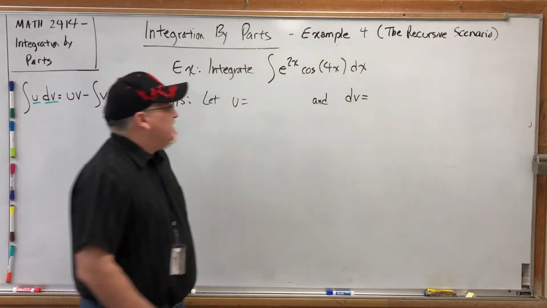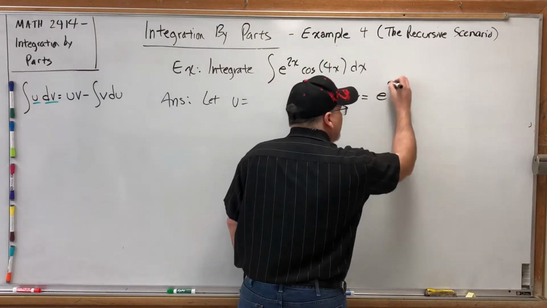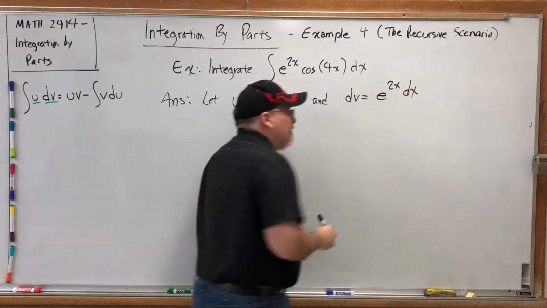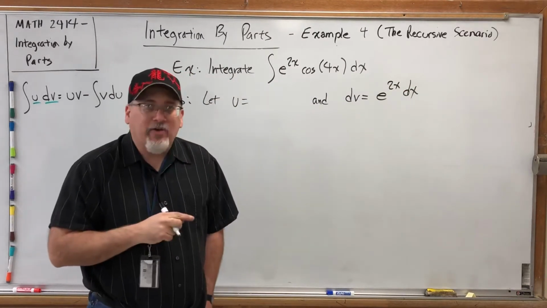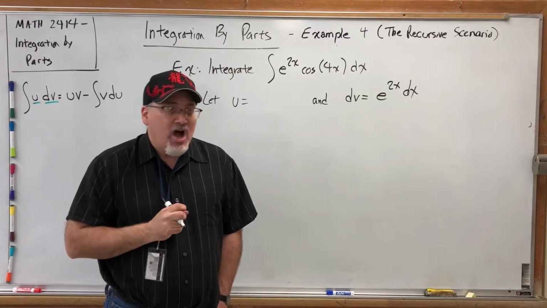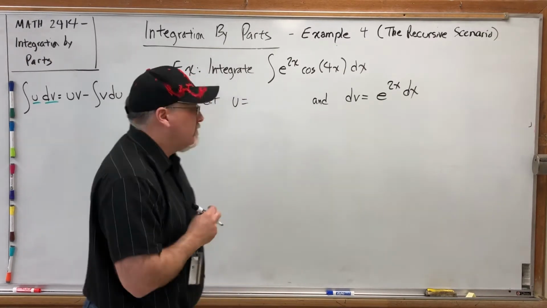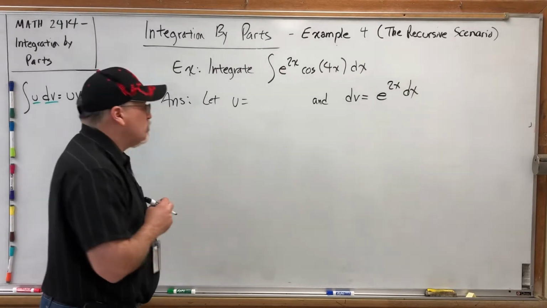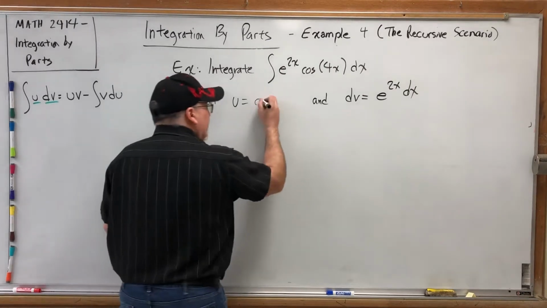I'm going to choose dv to be the e to the 2x dx, namely because in the previous video we integrated that repeatedly, and the integral of that was 1/2 e to the 2x. If you want to see the details, go watch the previous video, but I'm going to take advantage of that in this one. That would leave u equal to cosine of 4x.